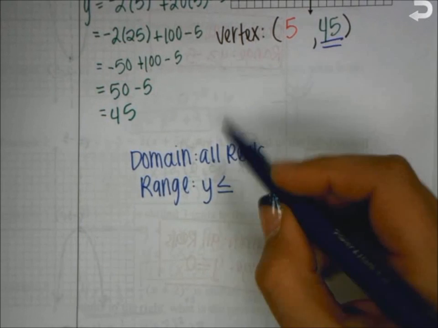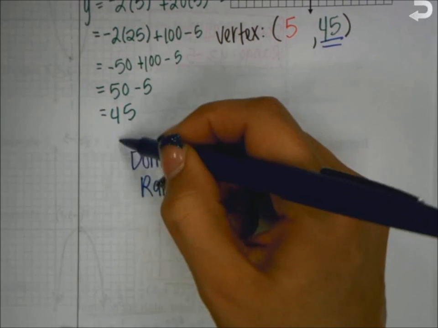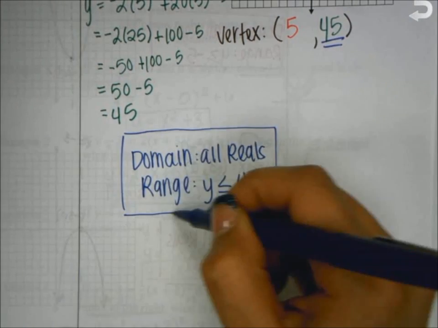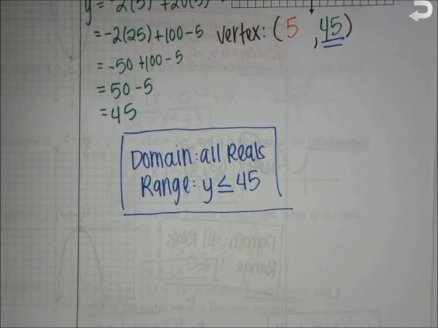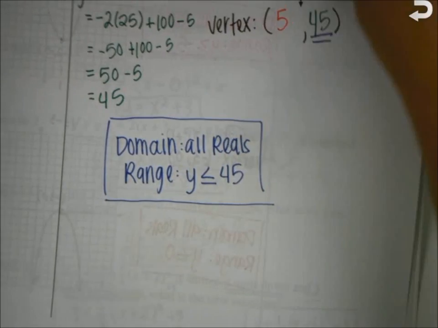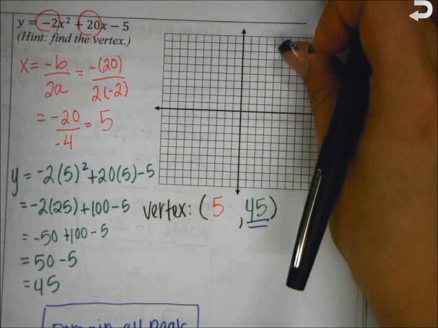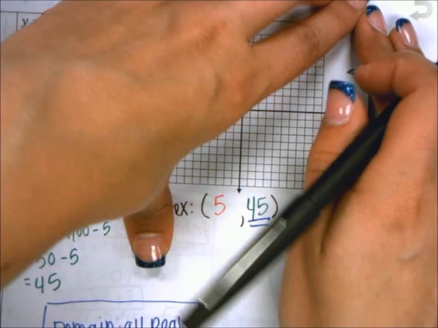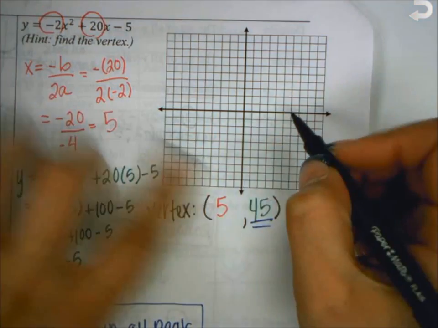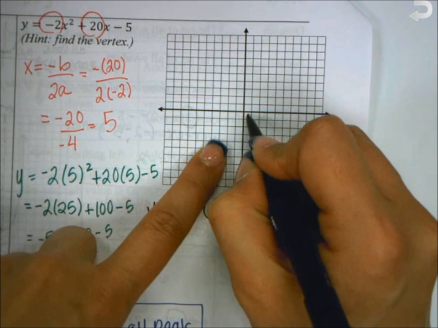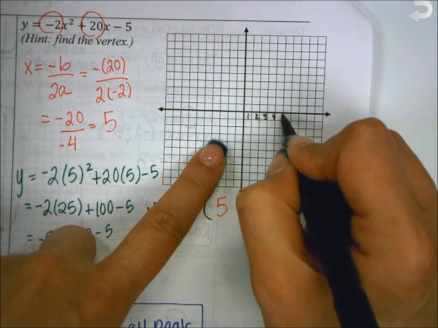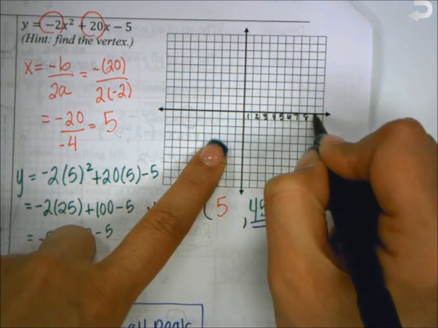Really quickly, I will draw the graph for you. Okay. I have to change my scales here, so let's go by 1s. 1, 2, 3, 4, 5, 8, 9, and then up here, let's go by 5s. So 5, 10, 15, 20, 25, 30, 35, 40, 45.